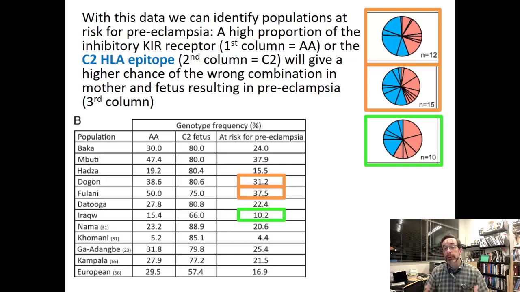And so what you do is you look at the population and you say what percentage of the population has this KIR receptor. And in the case of the Dogon, there are 38.6% of the population has the inhibitory receptor. 80.6% of the population has at least one of the C2 HLA epitope.